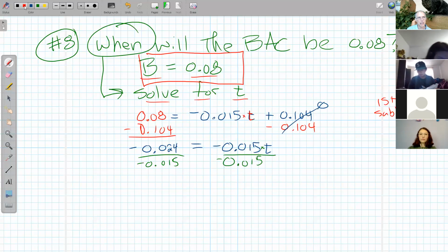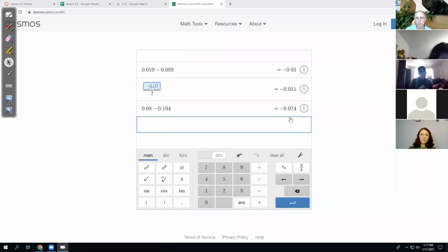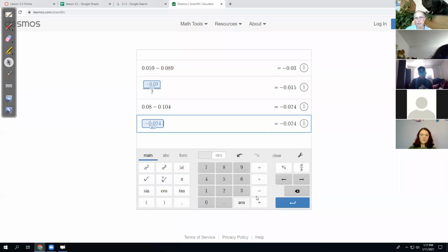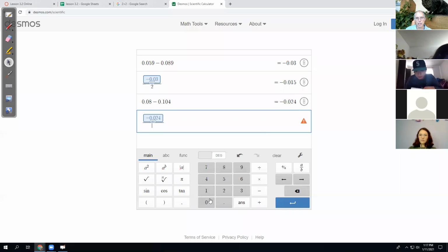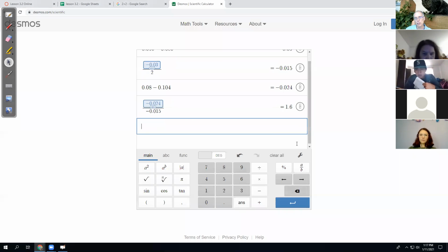On the other side, I have a number divided by itself, and a number divided by itself is always 1. 1 times t is just t. But I need a calculator for the other side. So I want to take that previous answer and divide by negative 0.015. My calculator says 1.6 is the answer.